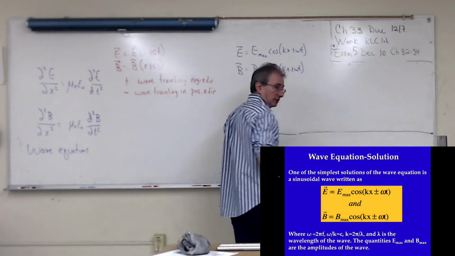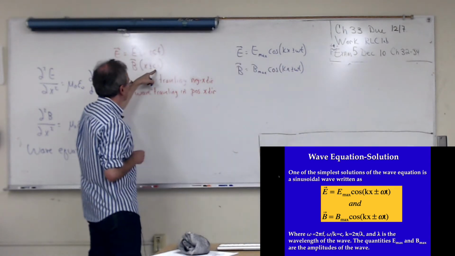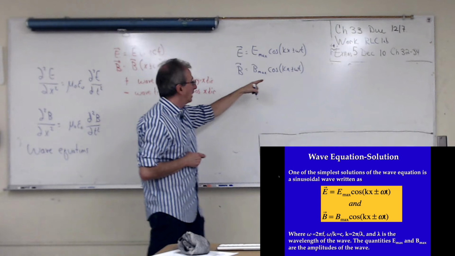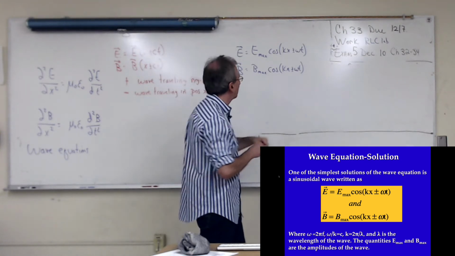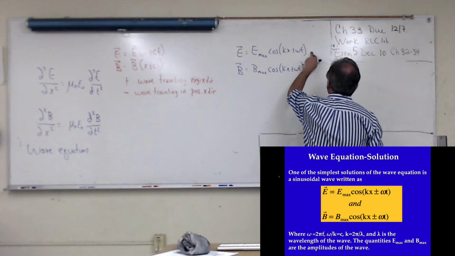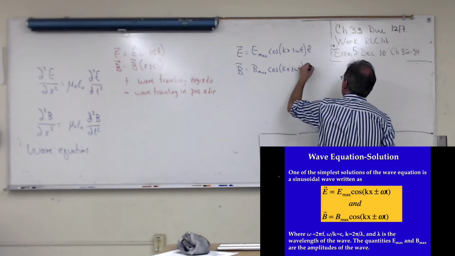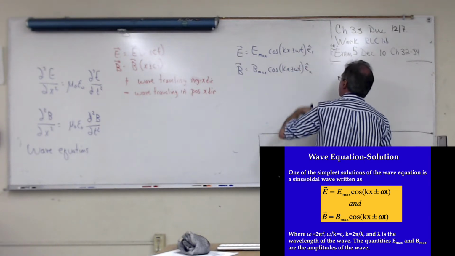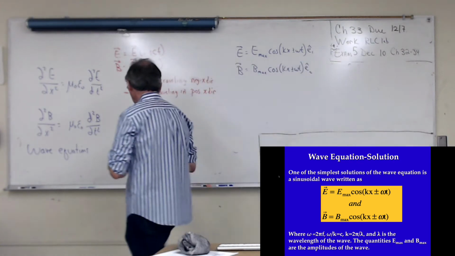And I say, wait a minute. You had x plus or minus c times t. Now you have a k and omega. What did you do with that? And then whatever the direction is, I'm just going to put some unit vector that's perpendicular to the x direction. Okay.